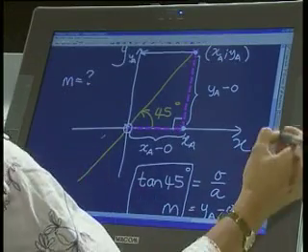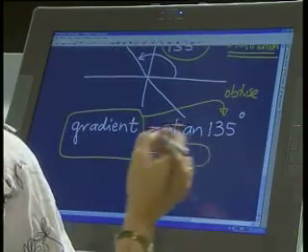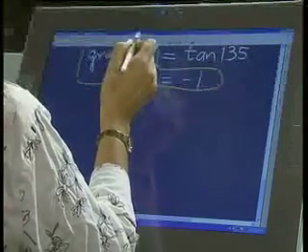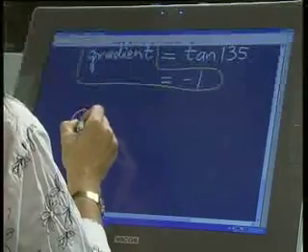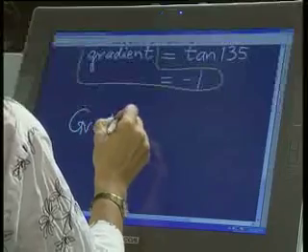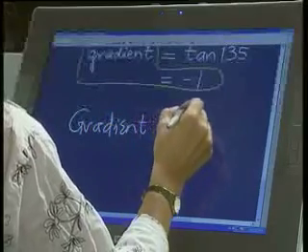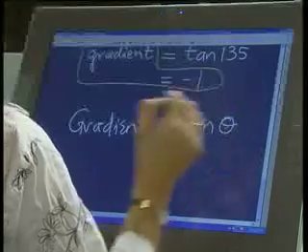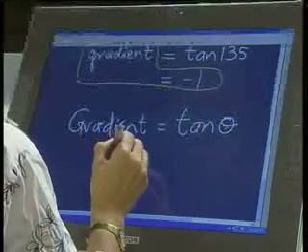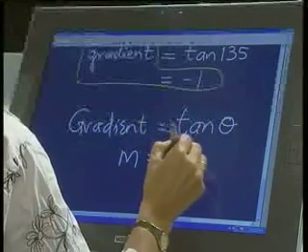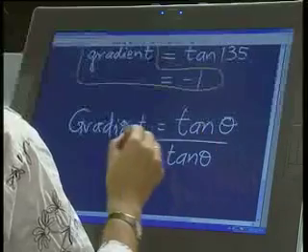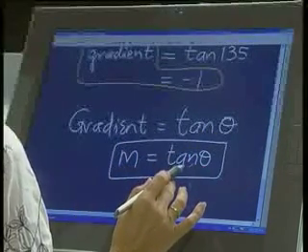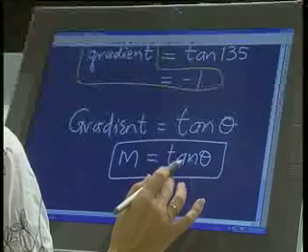Just to conclude, this is what you've got to take away: the gradient of the line is equal to the tangent of the angle that the line makes with the positive direction. Your question was, what is the gradient of a line that makes 45 degrees with that positive direction?